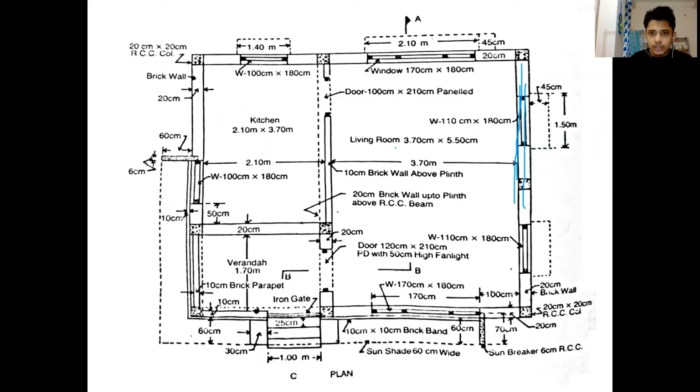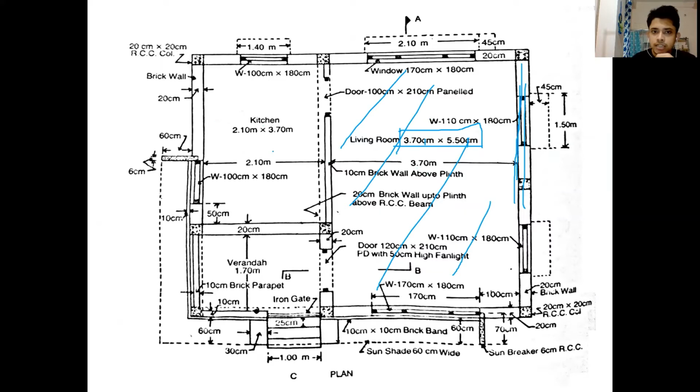For this living room, it is 3.7 meter by 5.5 meter. So for the living room, that is the dimension. Then for the kitchen, it is 2.1 meter by 3.7 meter.